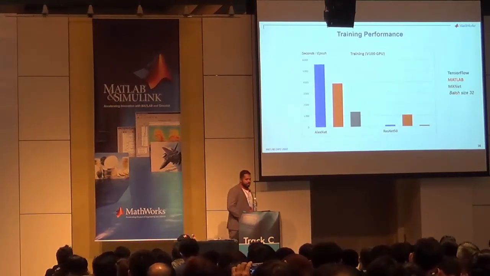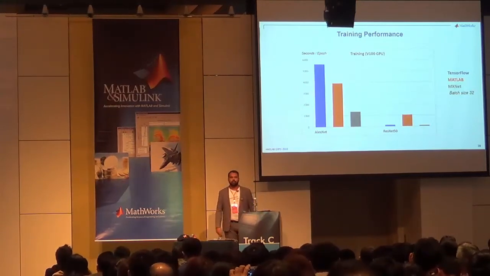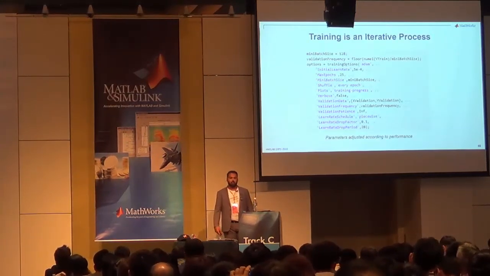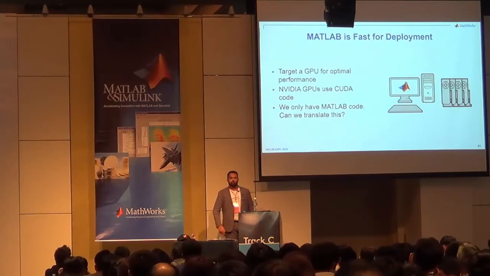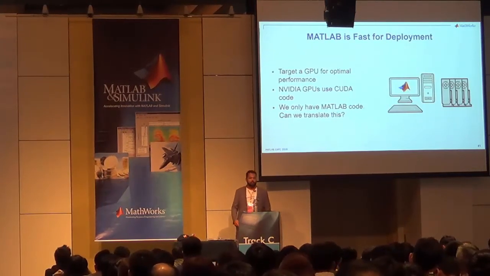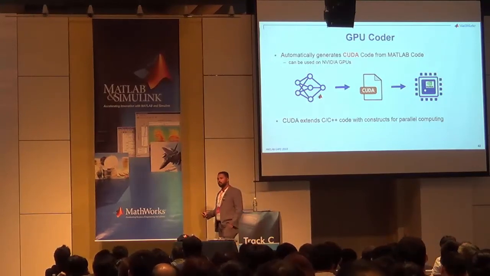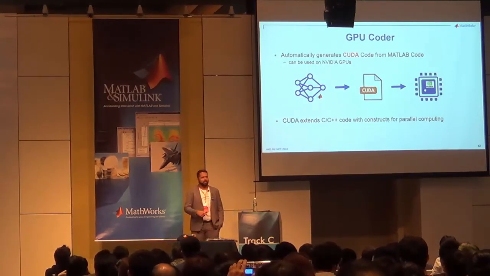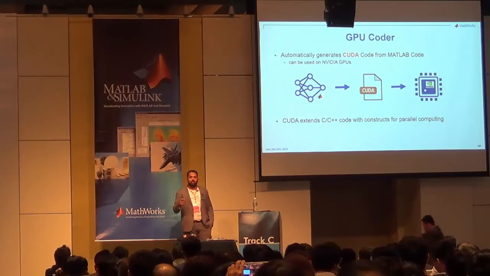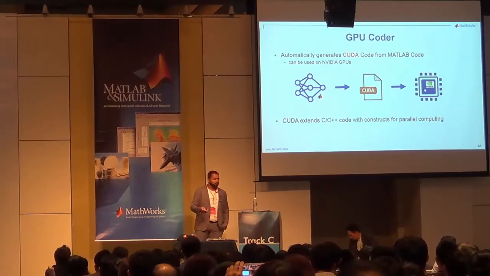Training performance is very good in MATLAB. It's comparable to TensorFlow and other frameworks. I'm going to also mention that MATLAB is very fast for deployment because of GPU Coder. We have a talk later in one of the tracks, I think it's track D, on automatic CUDA code generation. I'll go into detail about that.